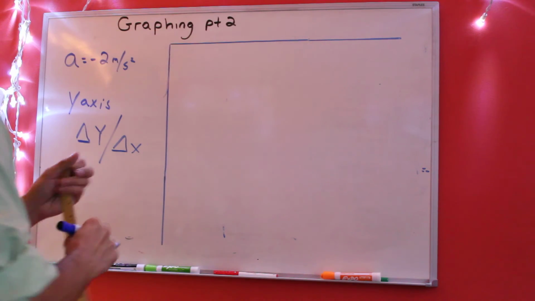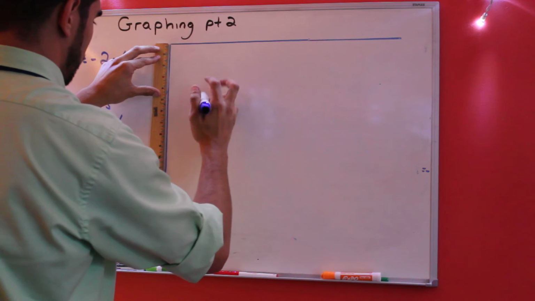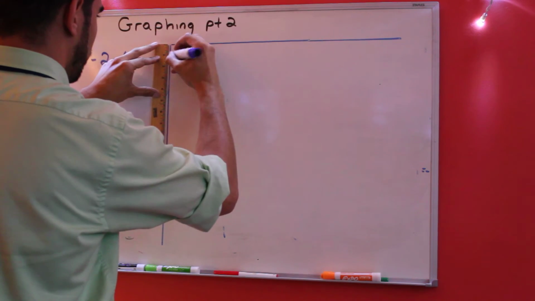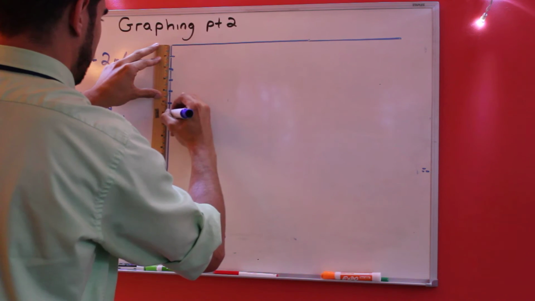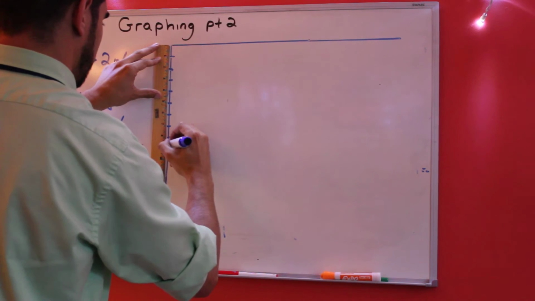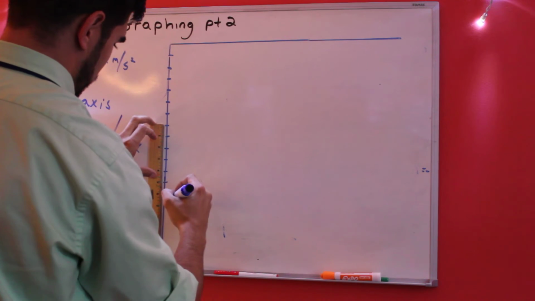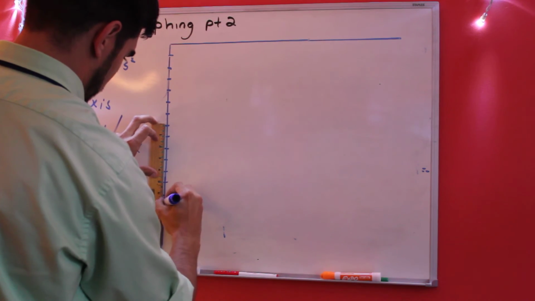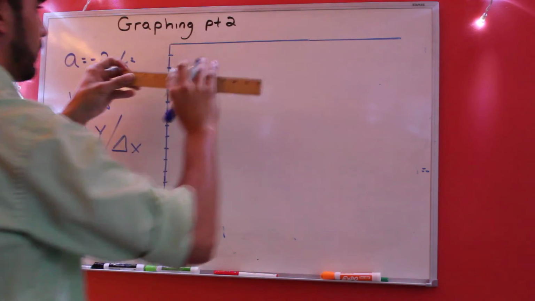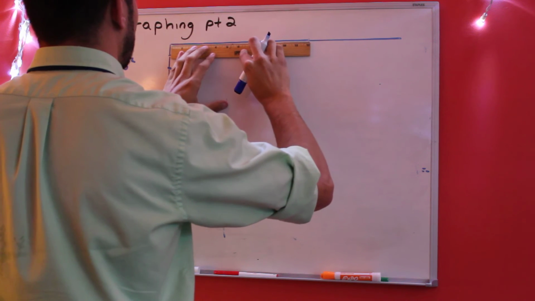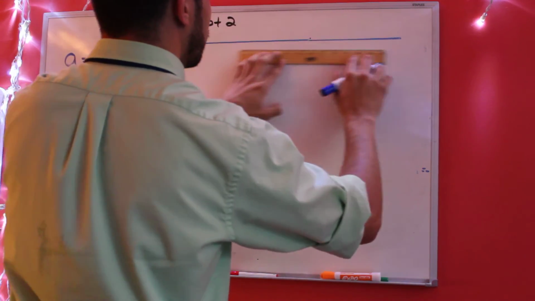Same concept, just kind of being a little pedantic with it, but we'll say that this is equal to 1, 2, 3, 4, 5, 6, 7, 8, 9, 10, 11, 12, 13, 14, 15, 16. Perfect. And then we have 12 from this point.